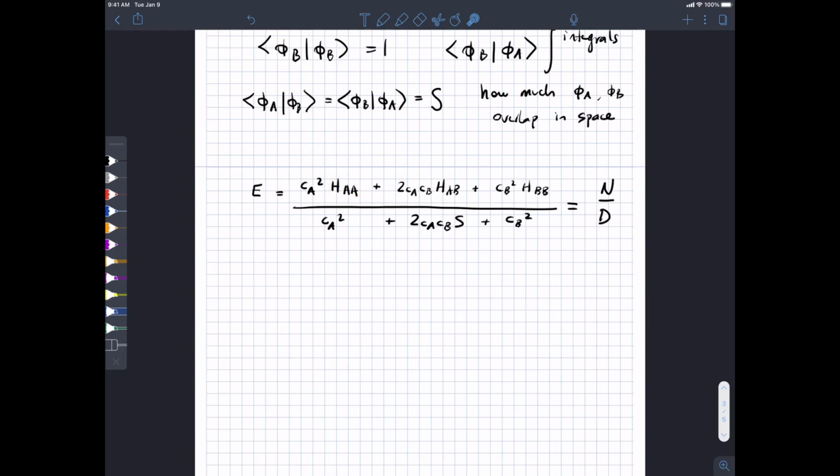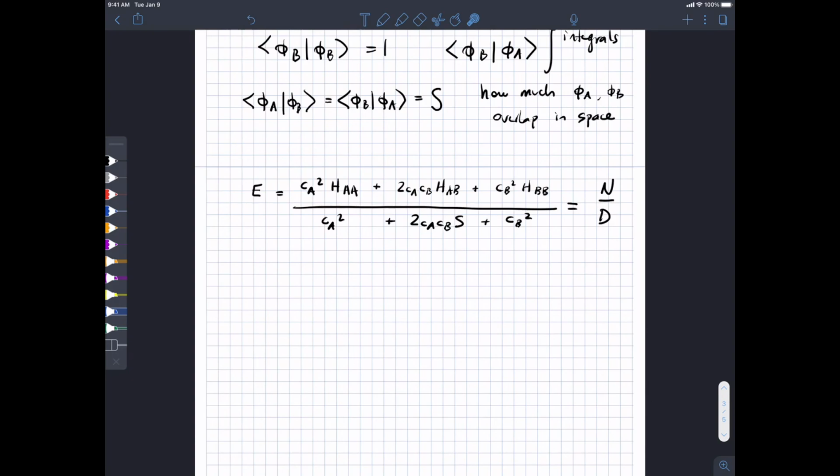These HAA, HAB, and HBB terms and the S term, we're going to treat like constants. And so we're going to ask the question, how can we choose values of the coefficients CA and CB such that the energy is as small as possible? We want to minimize the energy with respect to the coefficients.